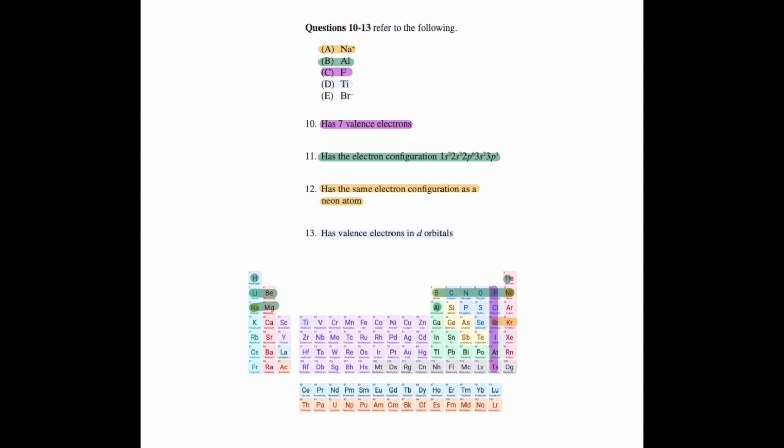So number 12 is A. And then our final question is that it has valence electrons in d orbitals. That means in our outermost shell. Although Br minus would have d electrons in the electron configuration, titanium is a transition metal and would have valence electrons in the d orbital. So our answer would be D.